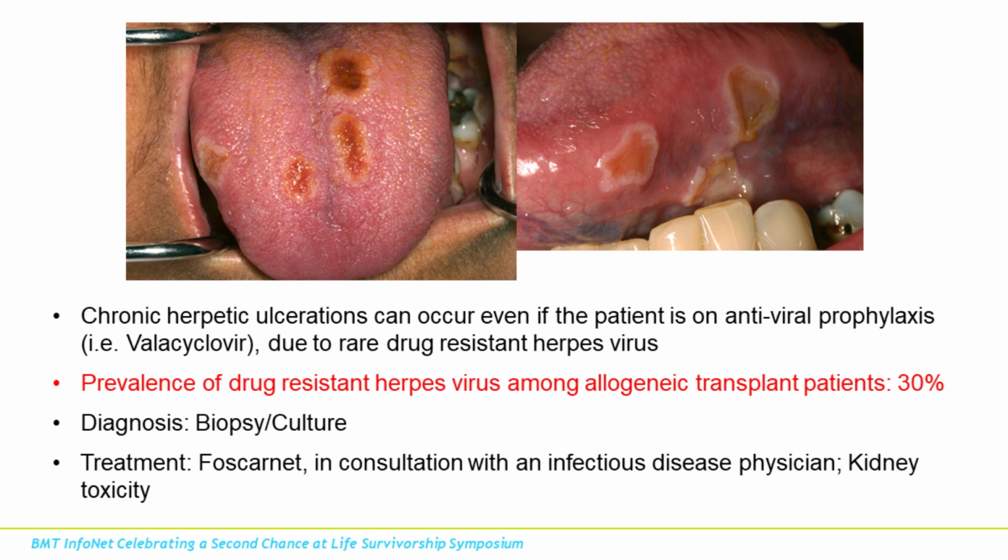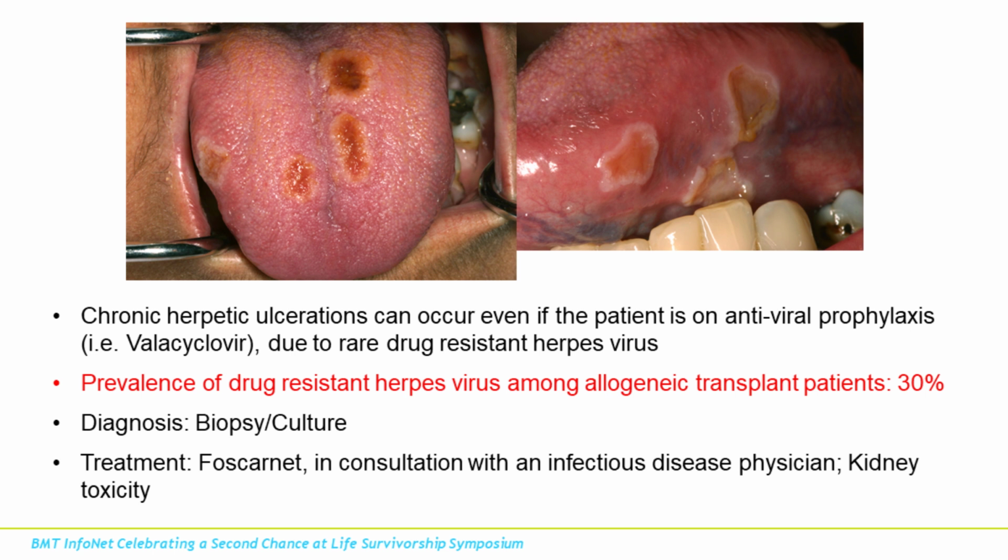Important thing to remember is that the prevalence of drug-resistant herpes virus is higher in allogeneic bone marrow transplant patients than in patients who did not have one. So even though you may be on valacyclovir, you can develop chronic herpetic infection. Your doctors know that, and they will test for it.